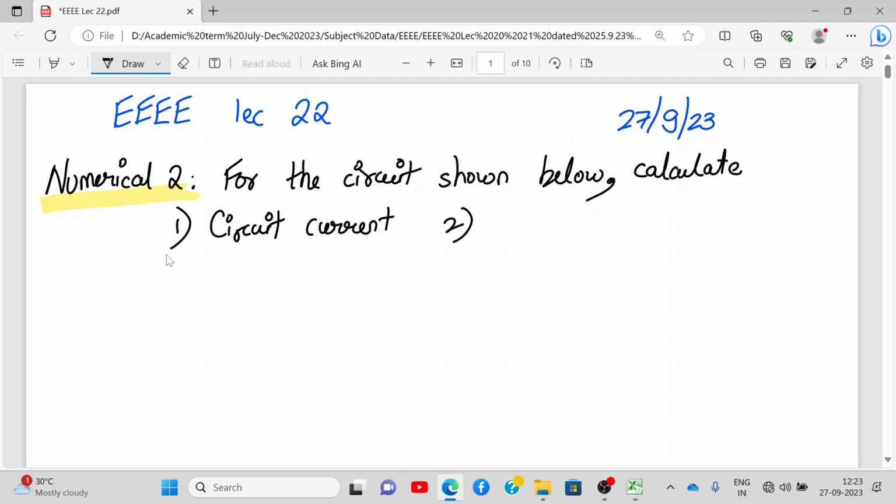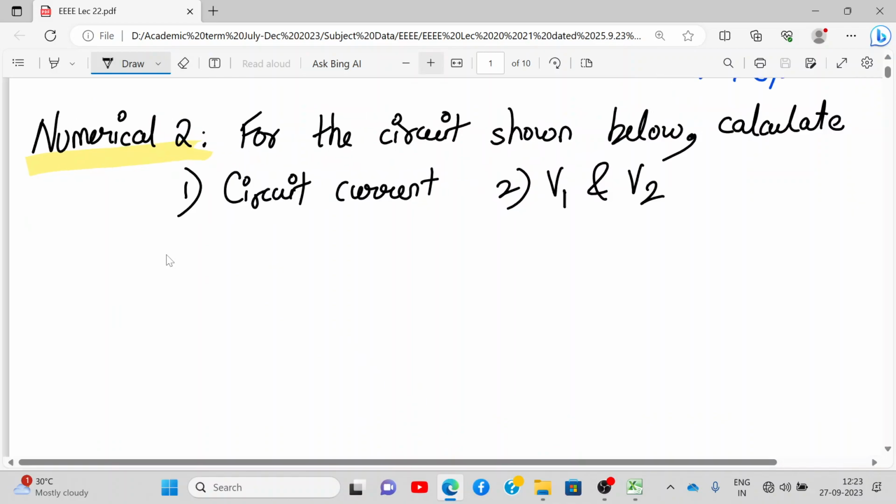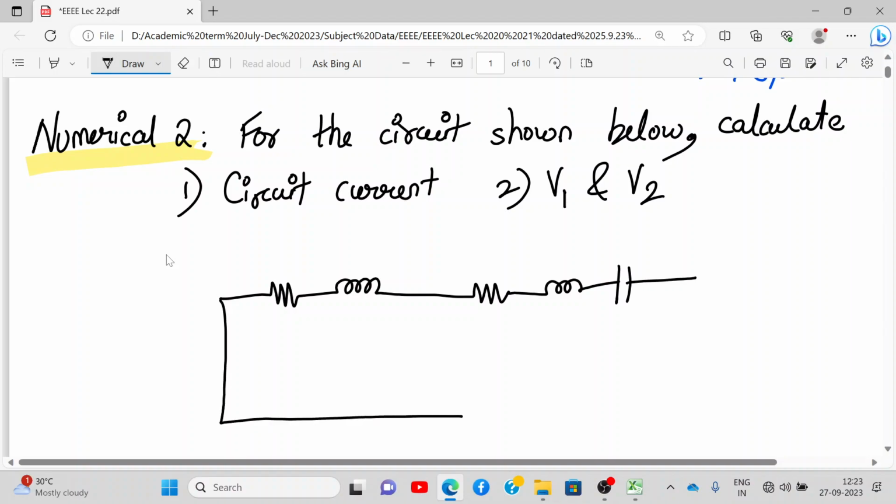Second, calculate V1 and V2. I'll let you know what V1 and V2 are. First, let me draw the diagram. So this is my circuit. Kindly draw along with me.